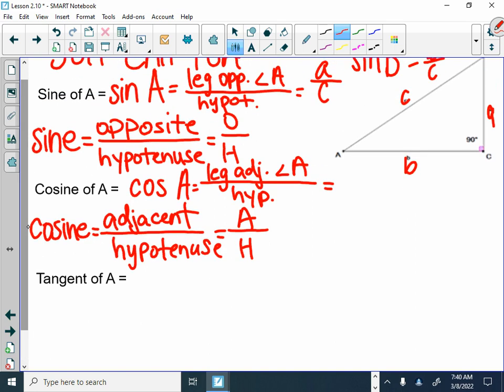Alright, so let's look at our picture. What is the leg of this triangle that is adjacent or next to angle A? B, good, lowercase b. There's only two legs you can choose from. The one next to angle A is B. And then my hypotenuse is still C.